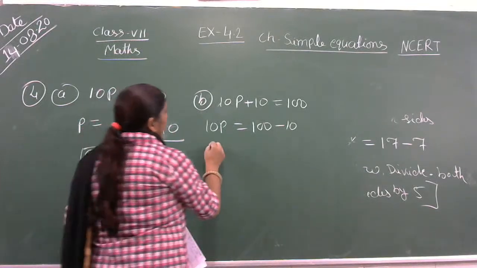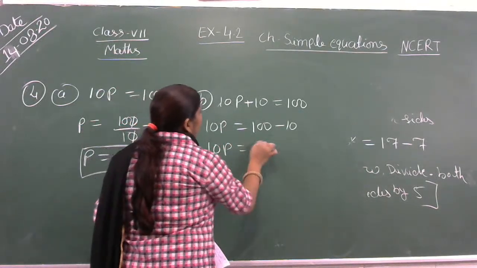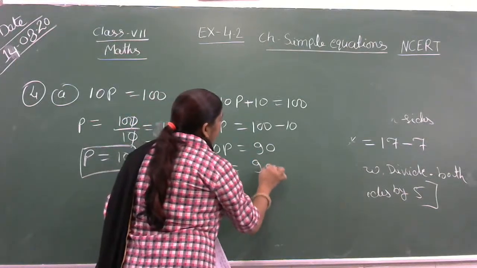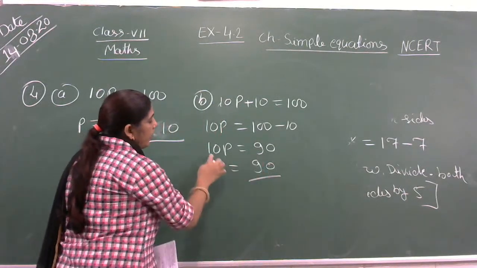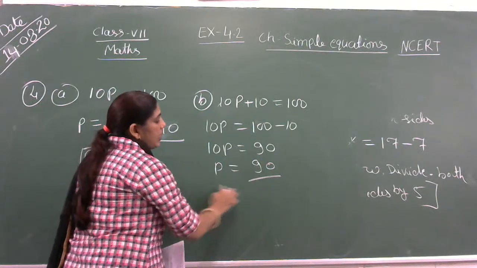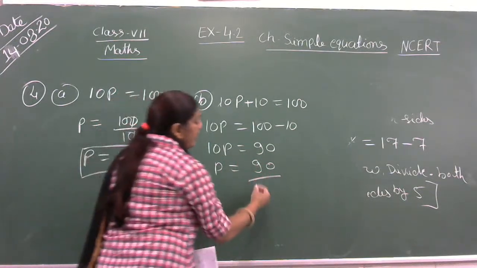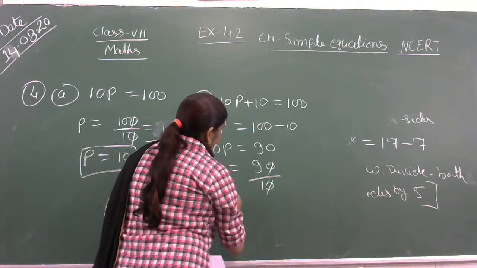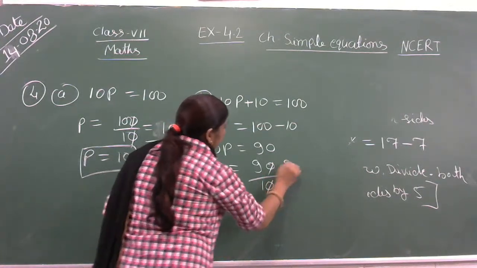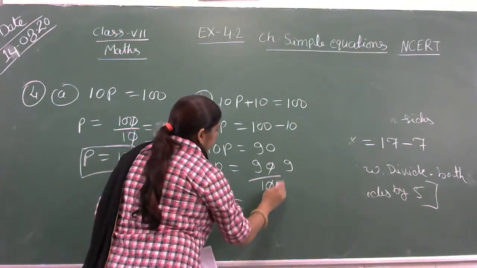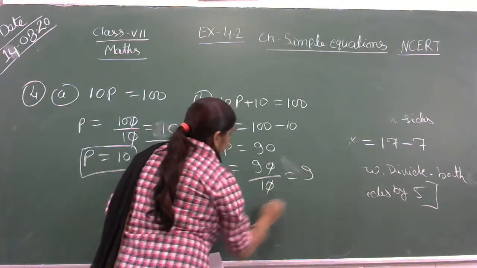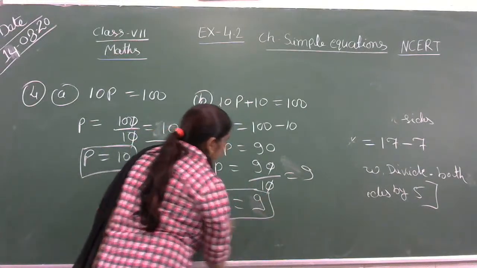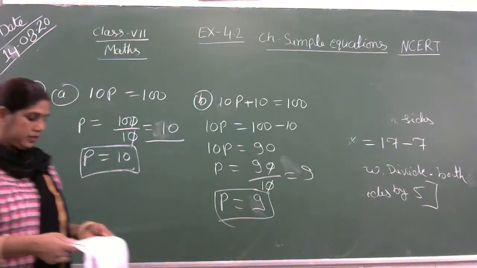Okay, so 10p equal 90, p equal 90 upon 10, given here multiplication, after equal it will change to division. So p equal 9. This is the answer, isn't it?